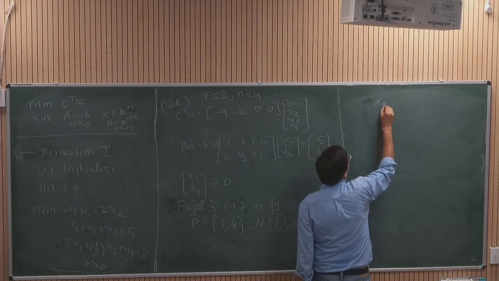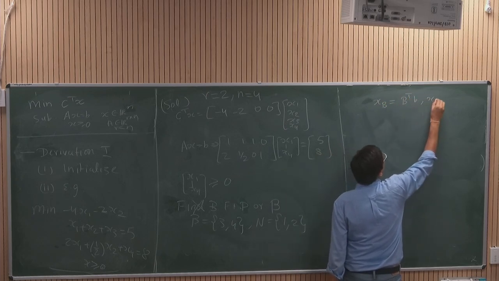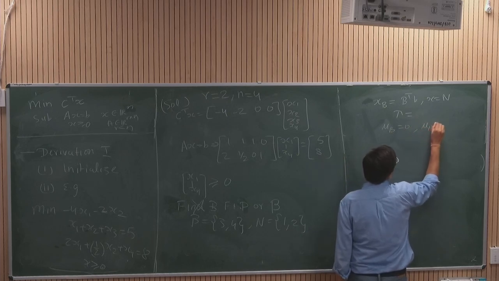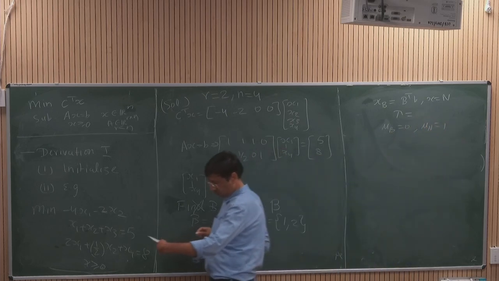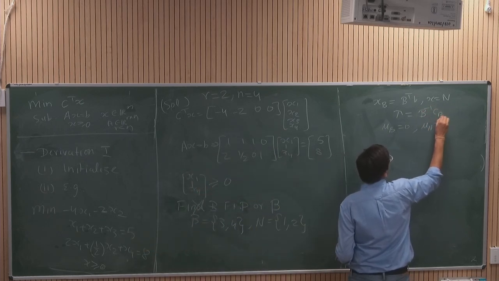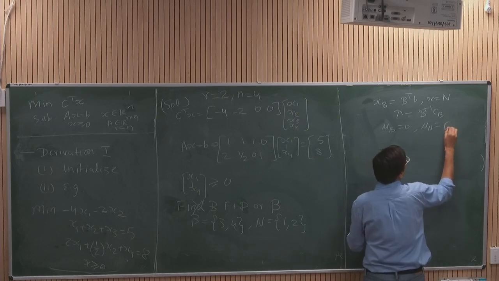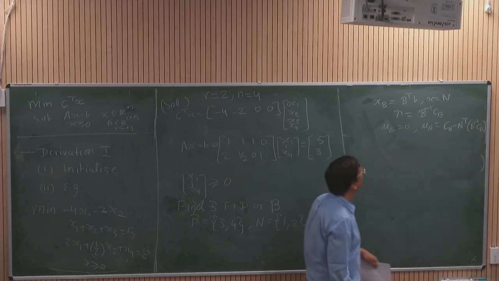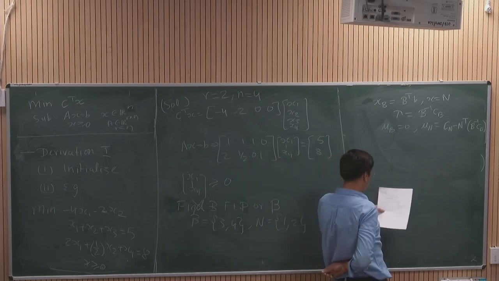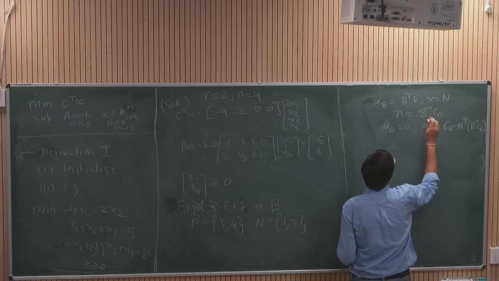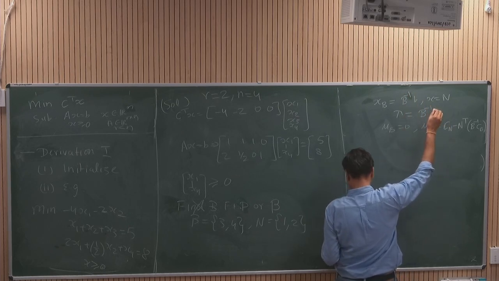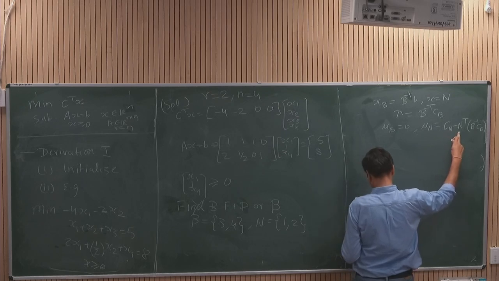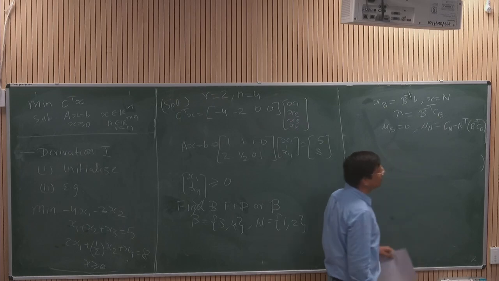With A and B, we had said that XB is B inverse b, XN is equal to 0, lambda is equal to B inverse transpose CB, mu B is equal to 0, and mu N is equal to CN minus N transpose lambda. Nothing is wrong here, right? This is what we wrote.